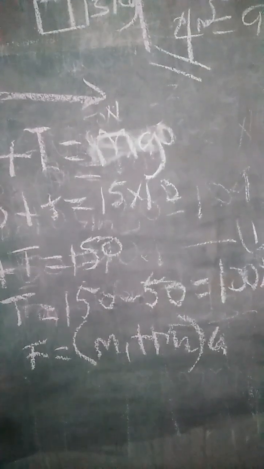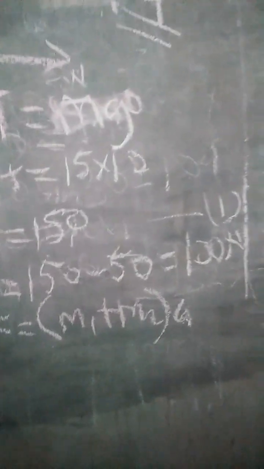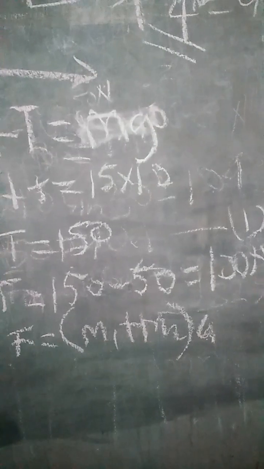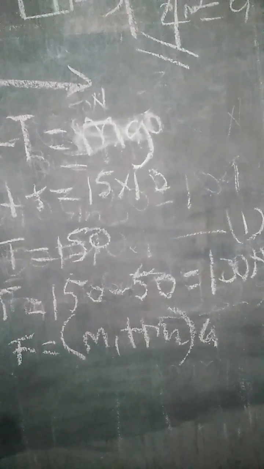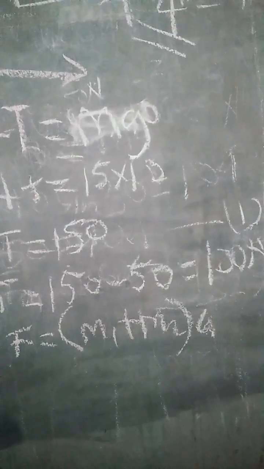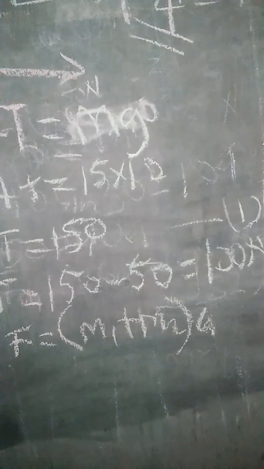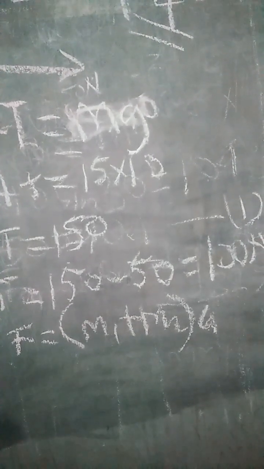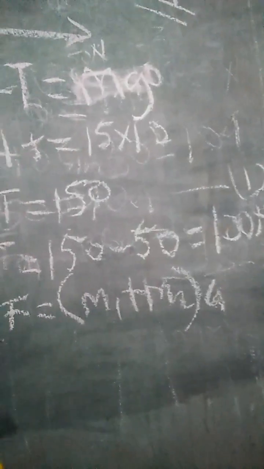We have two types of force: contact force and force field, right? A typical example of contact force is push and pull, then frictional force. Friction is the force that opposes relative motion. We have static friction or limiting friction and dynamic friction.